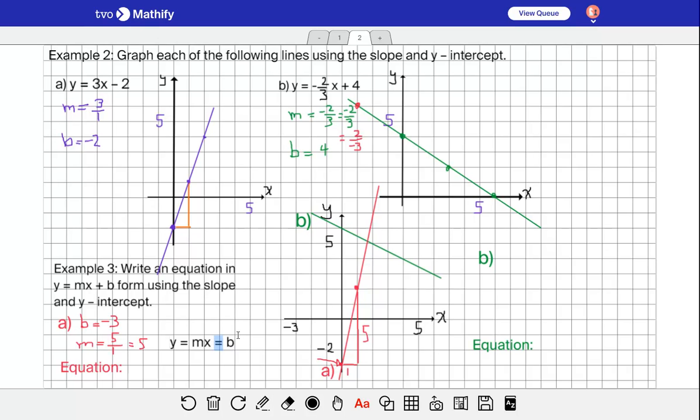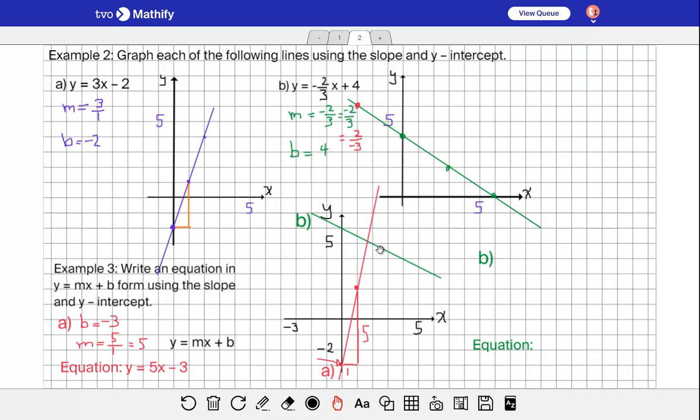Oops, plus, not equals. So then for my equation here, I'm going to substitute that 5 in place of m, so it'll be y equals 5x, sorry, and then the y-intercept is negative 3, so minus 3. So that would be the equation for this particular line.